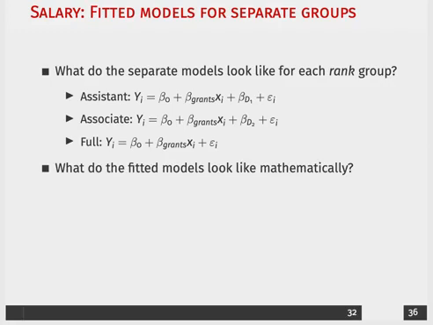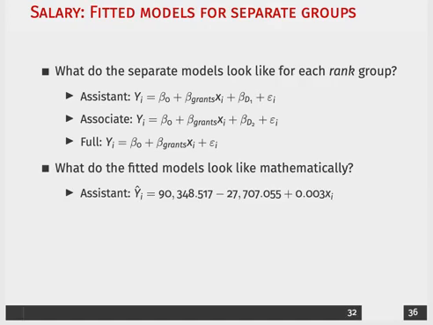Now, all we need to do is take the estimated coefficients from our regression table and plug them in order to get the fitted model. So we can start with assistant, where again our intercept is about 90,000 minus 27,000 plus 0.003 xi.